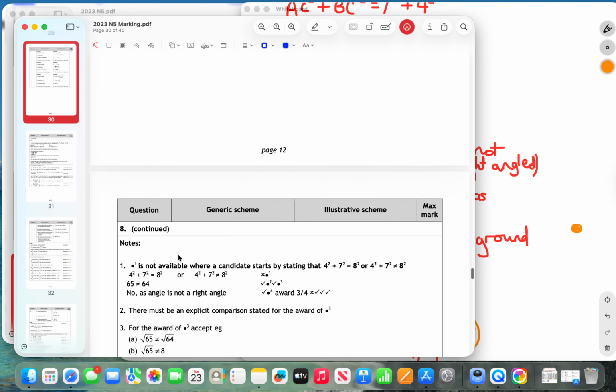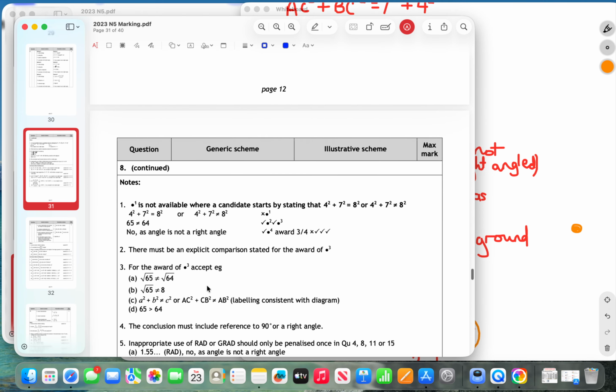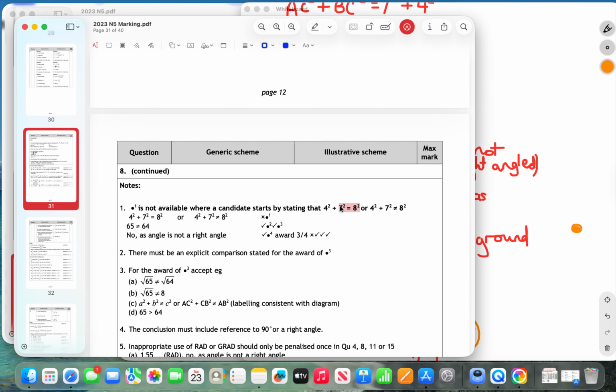Let's have a look at this also. You could write this in many different ways. You could write 65 is not equal to 64. You could write root 65 is not equal to root 64. And again, you would lose a mark if you suggested that these were equal or not equal at the start, because you can't assume what you're trying to find out because you don't know that yet.